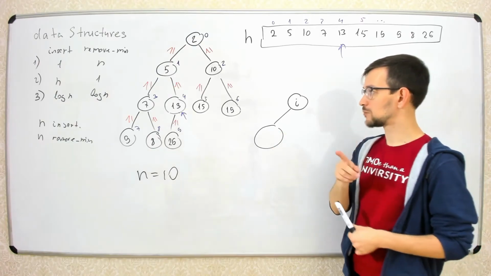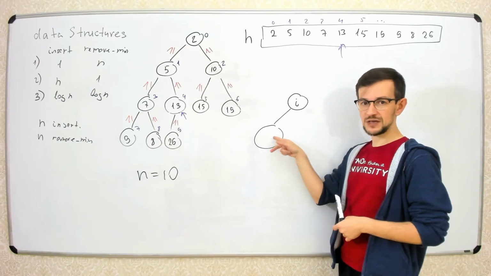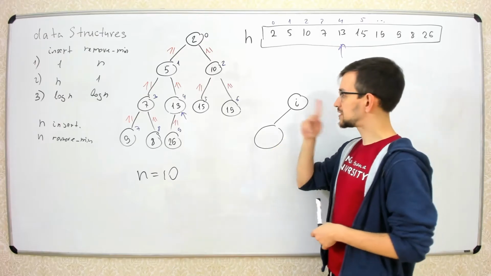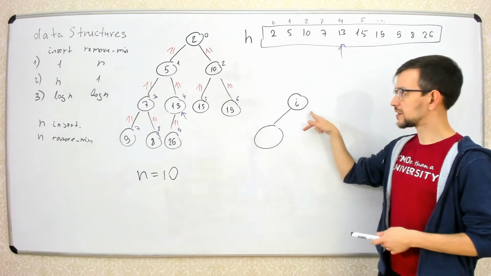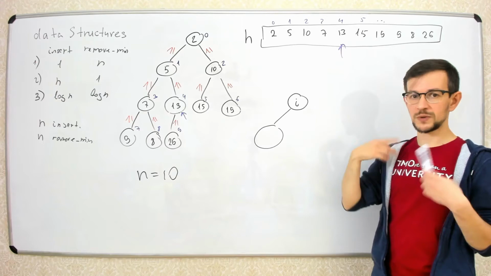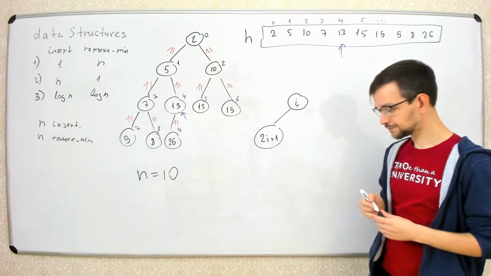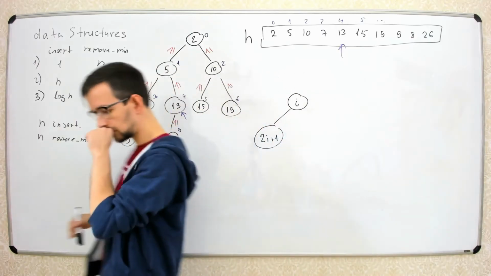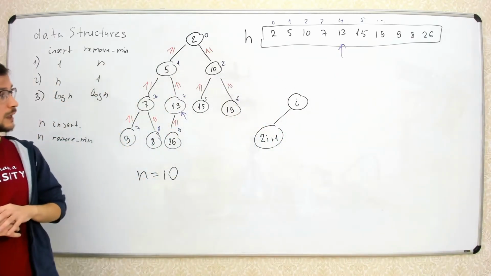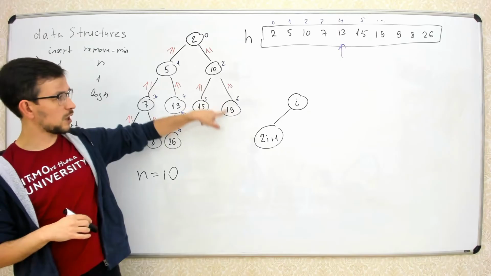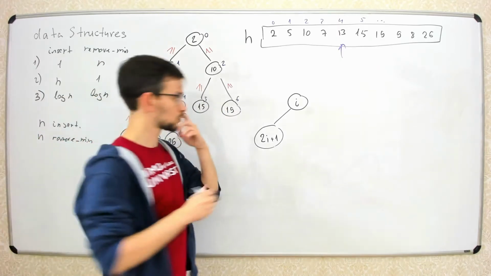So instead of having pointers, we just calculate the index of this node. If we stay in node I, the index of the left child will always be equal to 2i plus 1, and the index of the right child will always be equal to 2i plus 2.